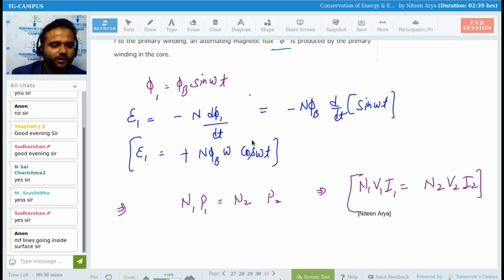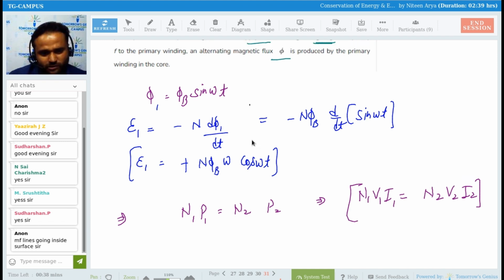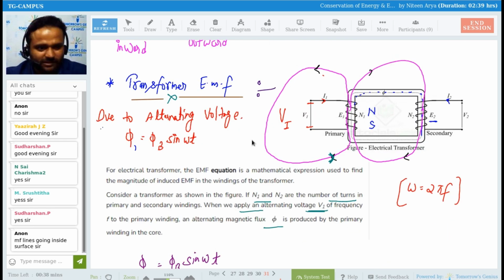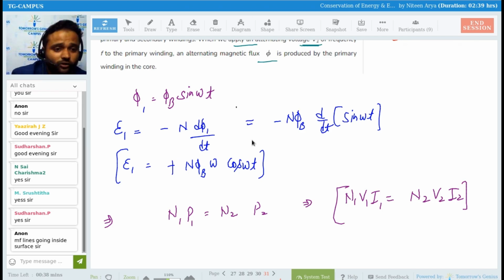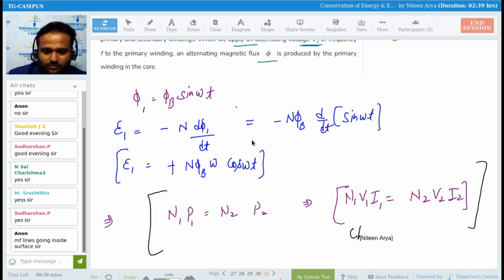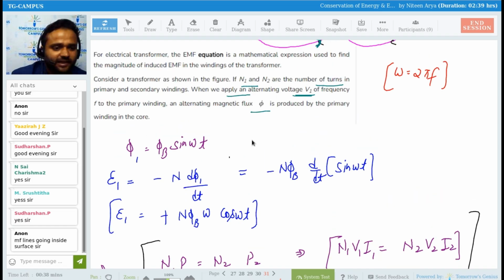So from this relation we can find the induced EMF in the secondary also. Maybe this last relation is wrong, I'm not sure right now, so check this. But the main thing is this relation. Is this clear, everyone?